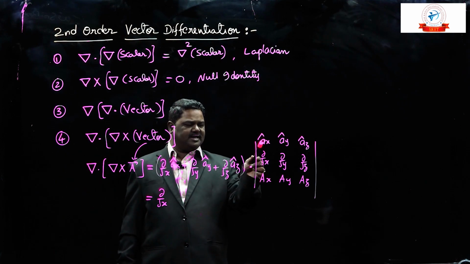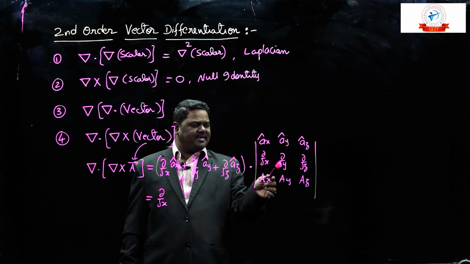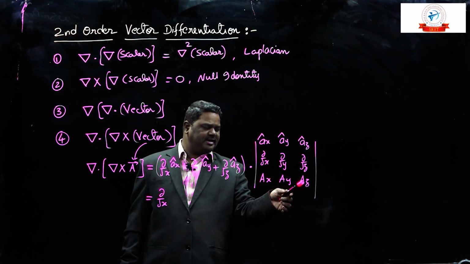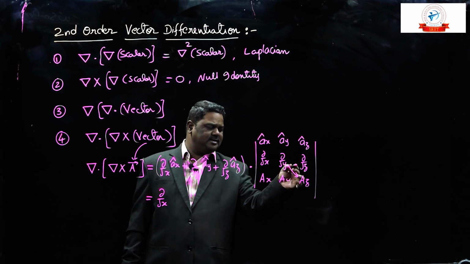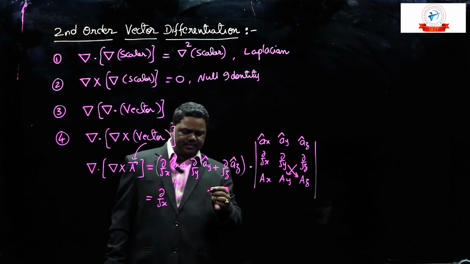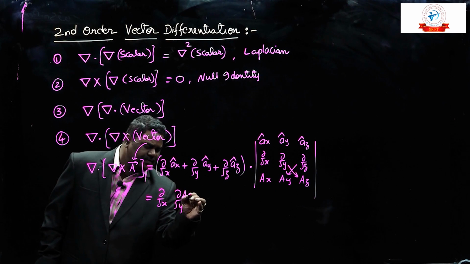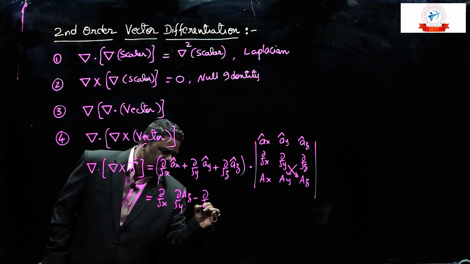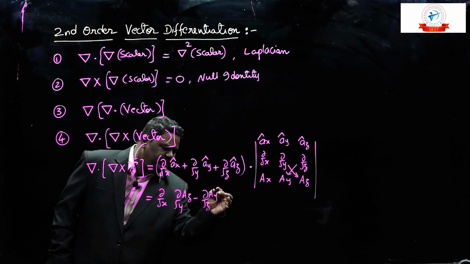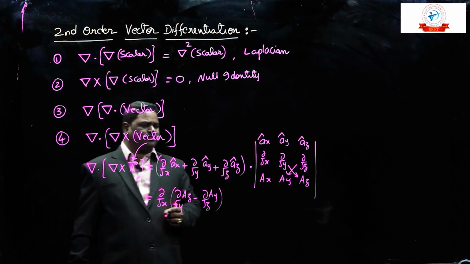It is the term multiplied with ax cap, which is dou by dou y of az minus dou by dou z of ay. I write dou by dou y of az minus dou by dou z of ay as the first one.